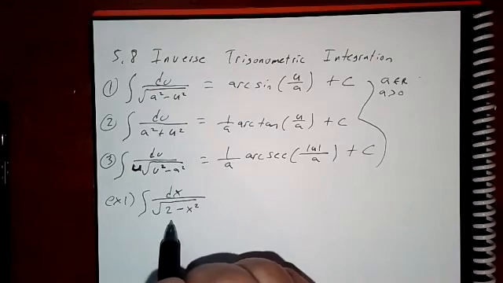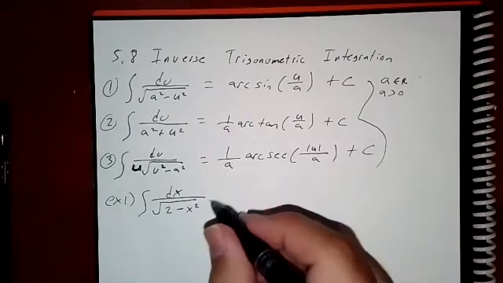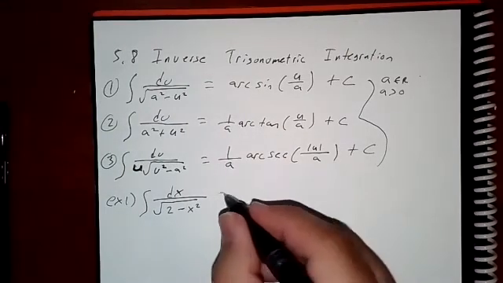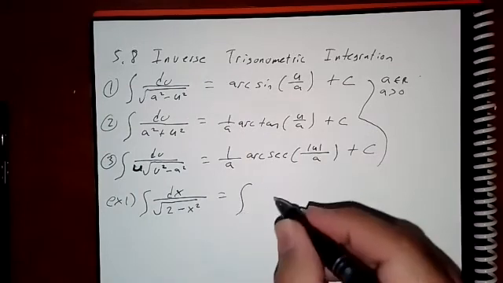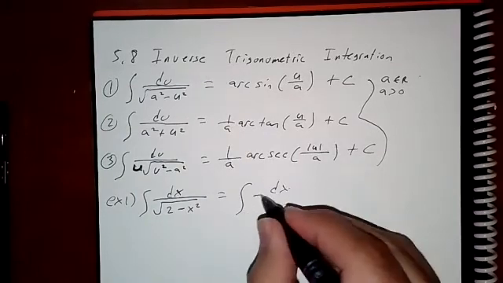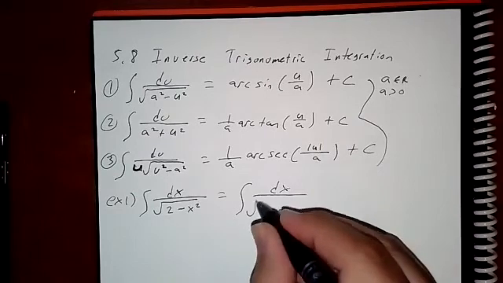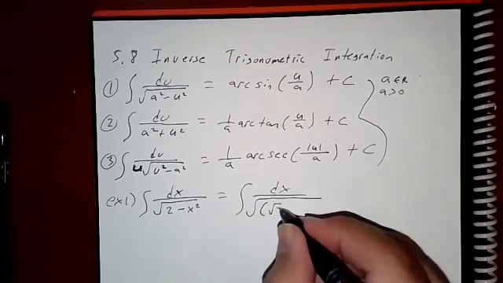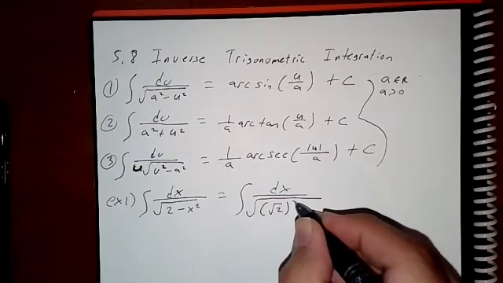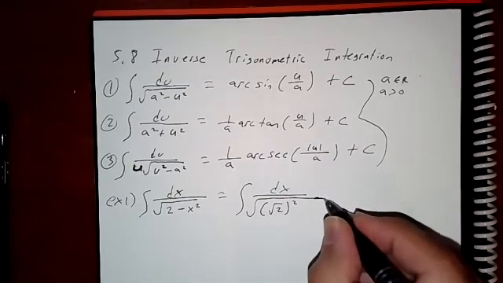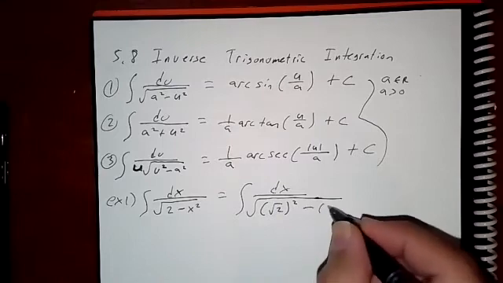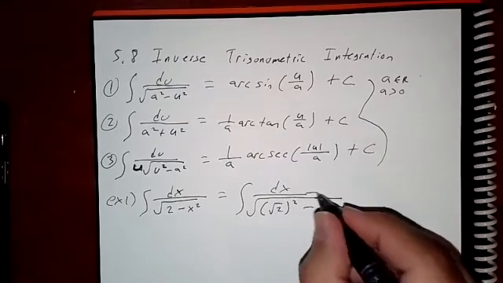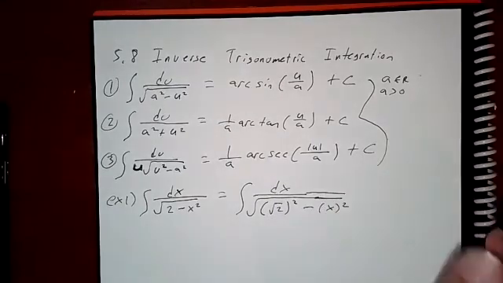So what is the square root of 2? That's a silly question, right? So rewrite the 2 as a square, in other words. You agree that the square root of 2 squared is the same as the number 2, right? So now it looks exactly like number 1.